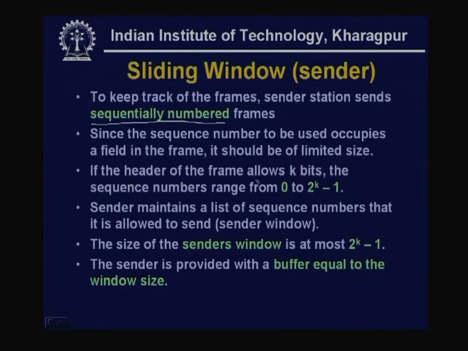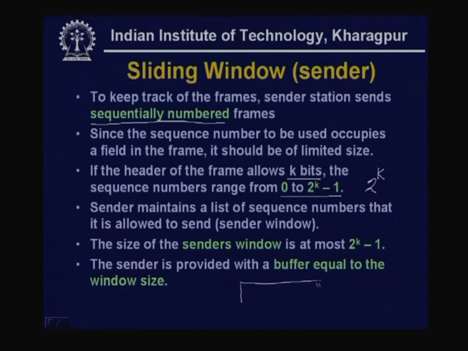If the header of the frame allows k bits, then the sequence number range is from 0 to 2 to the power k, that is, there is a possibility of having 2 to the power k numbers with k bits. Sender maintains a list of sequence numbers that are allowed to be sent. That means, a window is maintained at the sender's end.